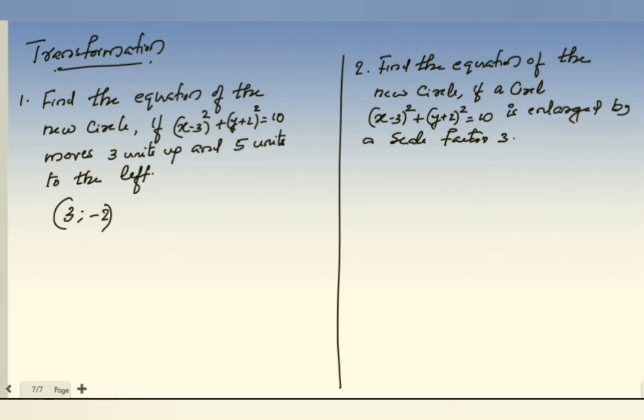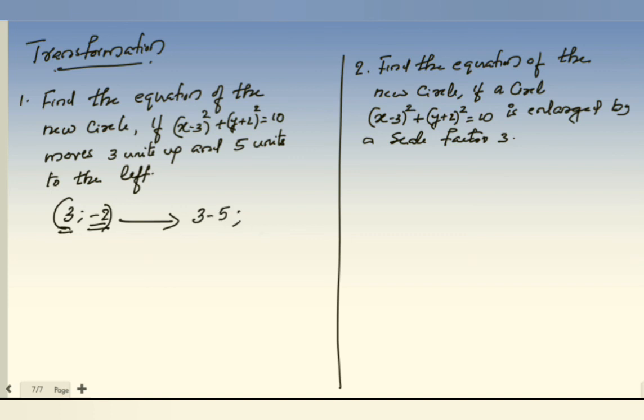Here they said 3 units up; for up and down movements, the y value will be changed. For left and right movement, the x value will be changed. So the new center will be, what happened to the x value? 5 units to the left means the old x value minus 5. To the left means you have to subtract.